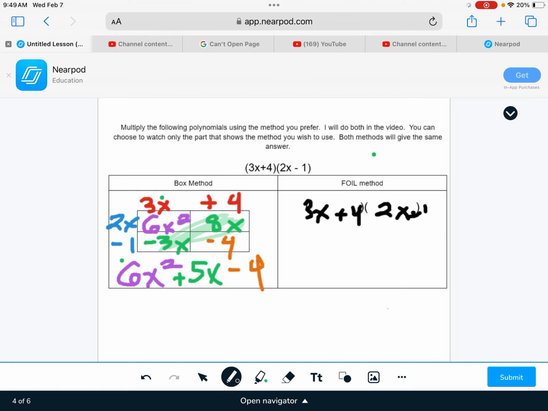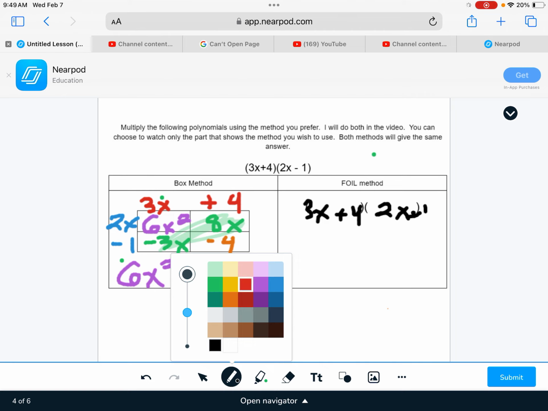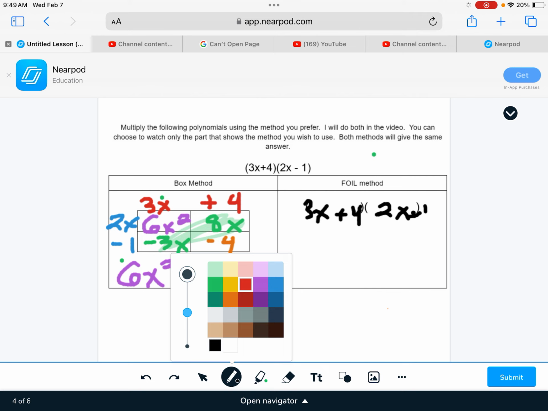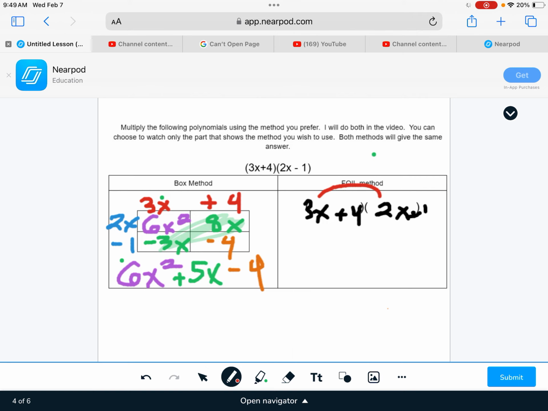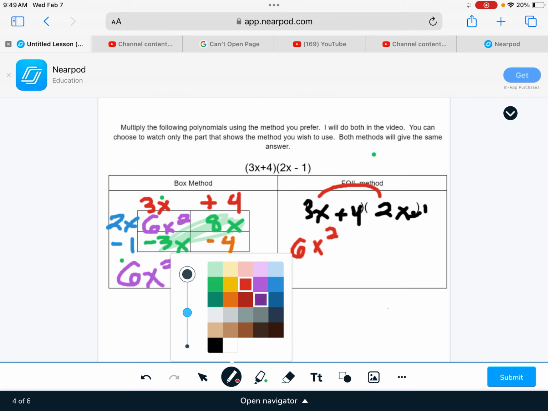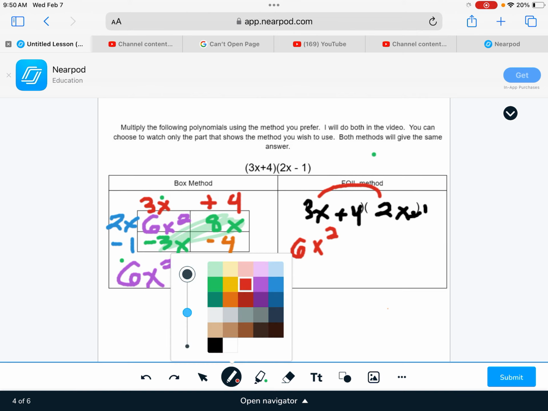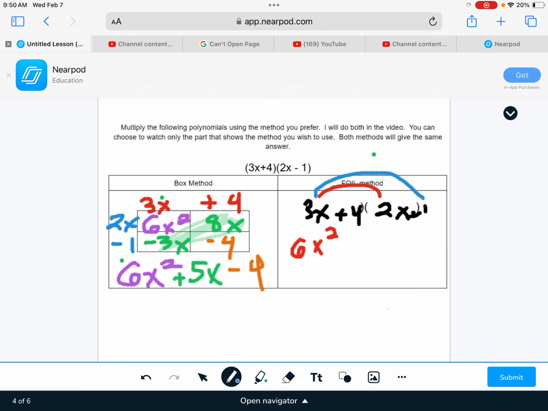This is going to be, again, first, what comes first in both of these, and that is going to be the 3x and the 2x. 3x times 2x is going to be 6x squared. O for outer, the outermost terms, 3x and 1 multiplied together to make a negative 3x.